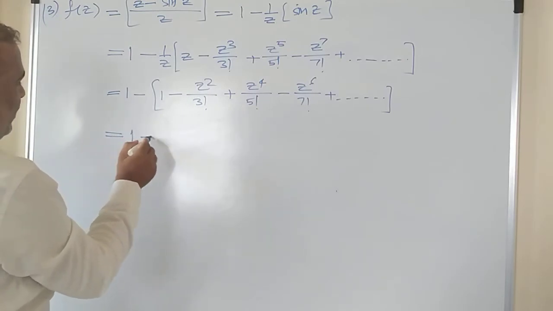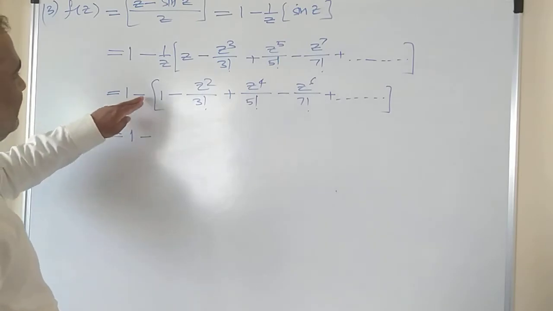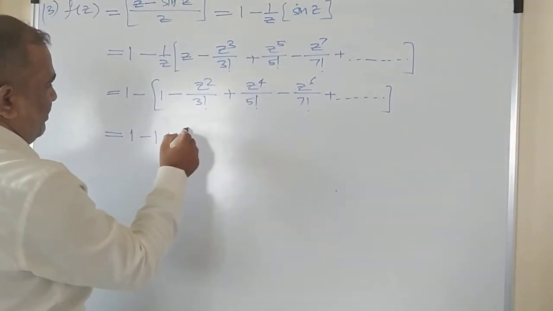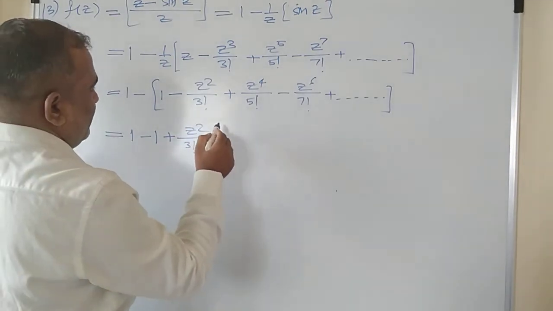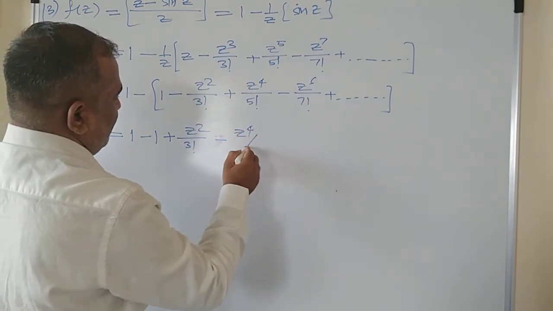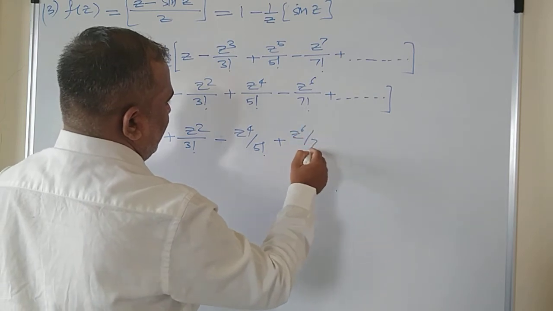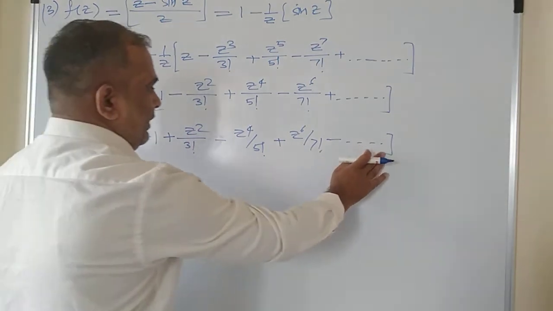This is equal to 1 minus, now multiply this negative sign into the bracket also, so we will get minus 1 as it is, so this will be a plus z square by 3 factorial, plus this will be a negative, minus z raised to power 4 by 5 factorial plus z raised to power 6 by 7 factorial, and so on.